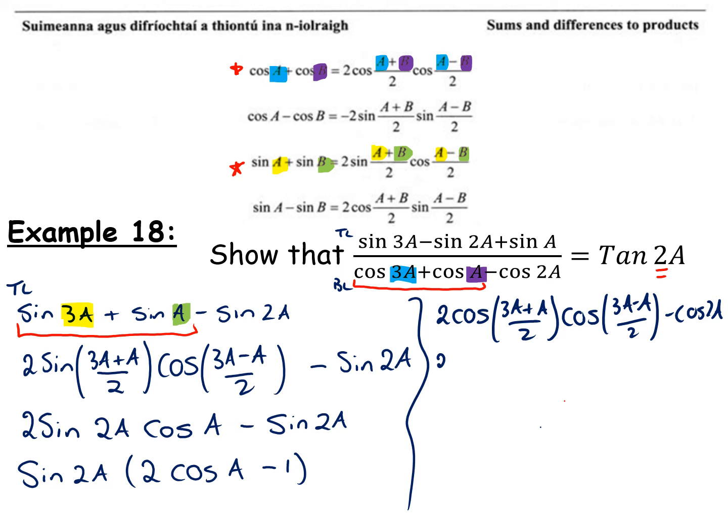So cleaning that up, we get 2 cos of 4a over 2, which is 2a, cos of 2a over 2, which is a, minus cos of 2a.